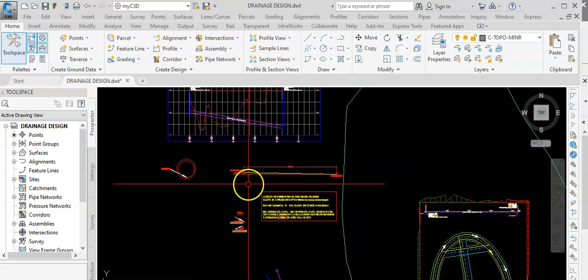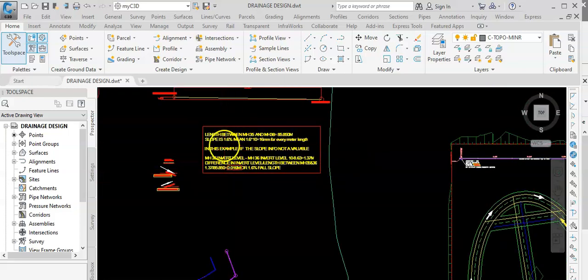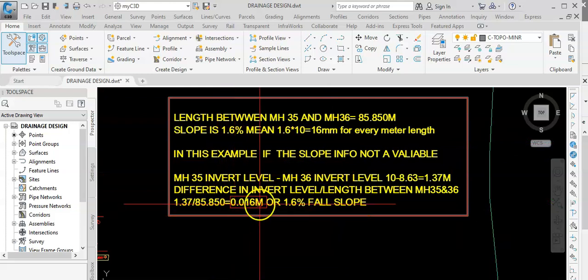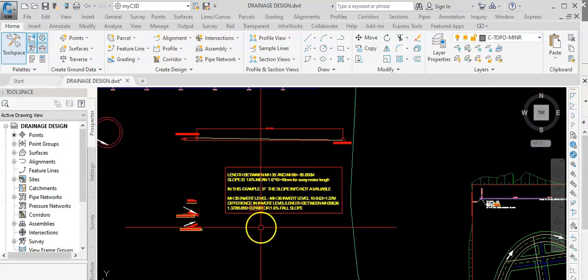If I divide 1.370 over the whole distance, it will give you 1.6%, or 0.016.